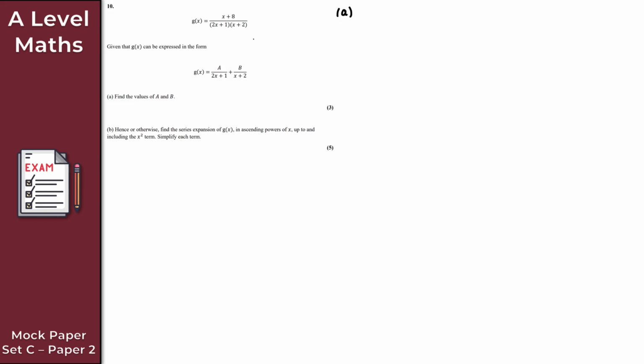partial fraction decomposition should hopefully be pretty standard stuff in terms of your revision and answering questions like this. So the first thing that we do is get the right hand side over a common denominator.